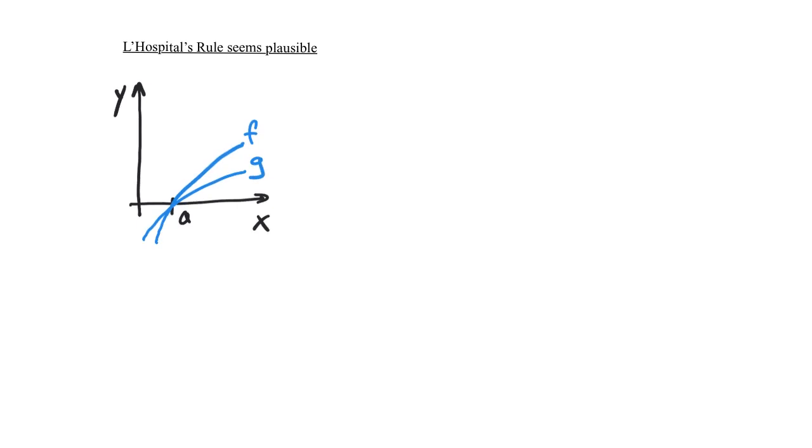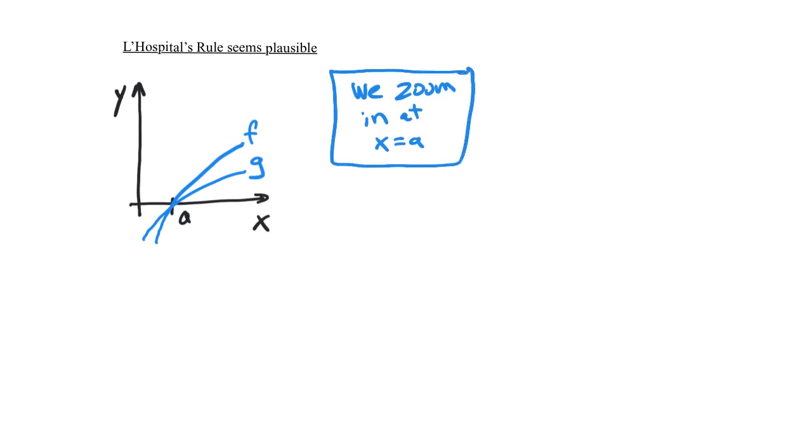So let's say we zoom in at a, at x equals a. You guys have done this plenty of times with the graphing calculator. Once you zoom in, the graphs always seem to flatten out.